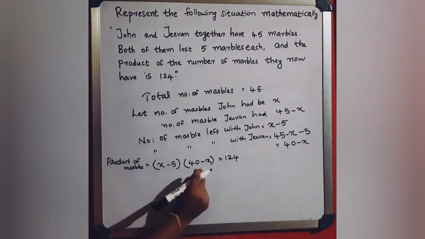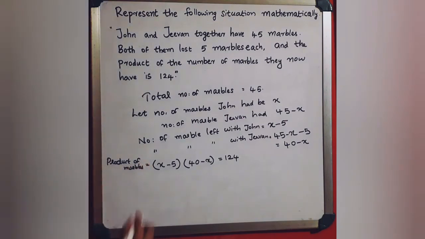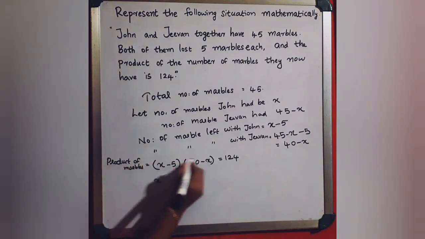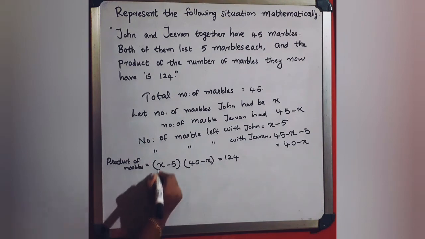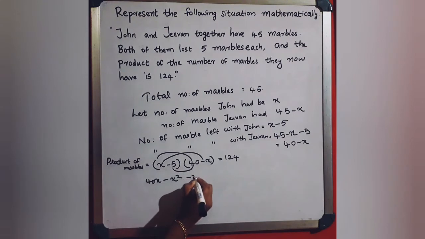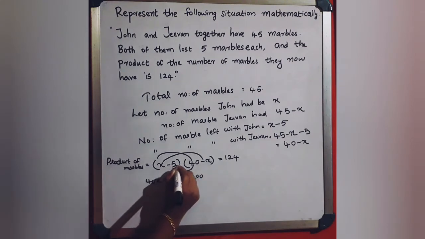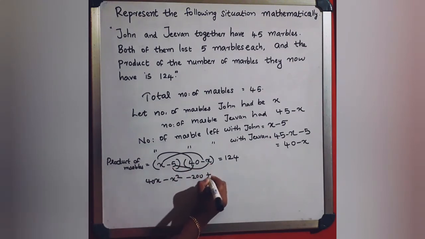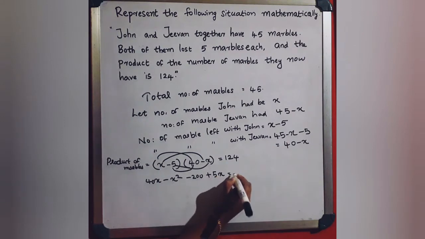Now we just open the brackets. We get x into 40 is 40x, x into minus x is minus x square, minus 5 into 40 is minus 200, and minus 5 into minus x is plus 5x, is equal to 124.